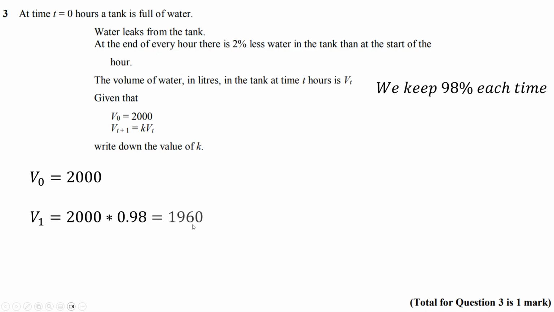Okay, and that will give you 1960. And if you notice, each time we're taking the volume, the new volume, which is VT, and we're multiplying it by some amount. And if we know we're only keeping 98% each time, then each time we're only multiplying it by 0.98. That means that K must equal 0.98.